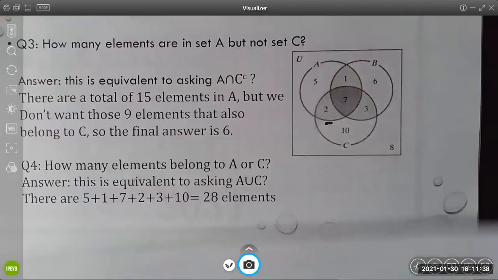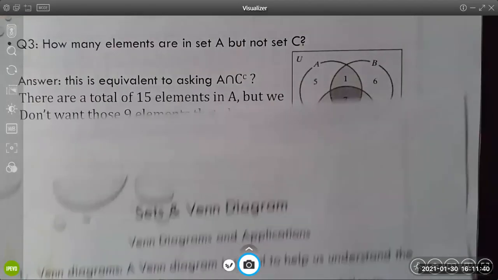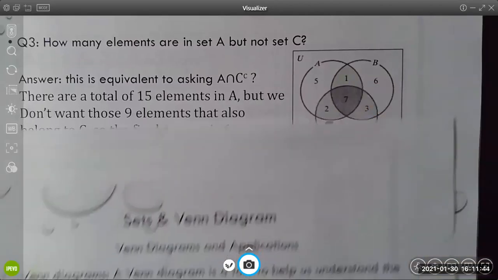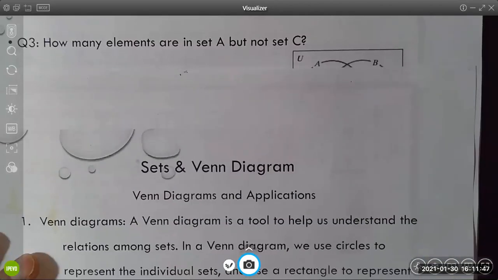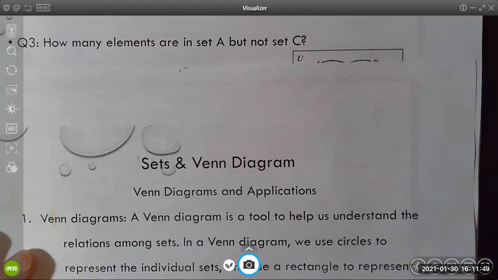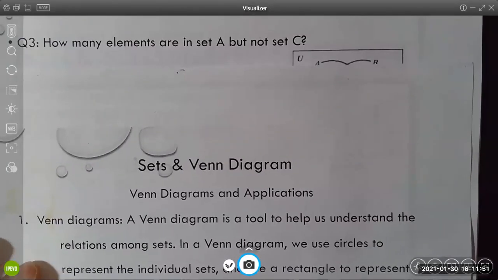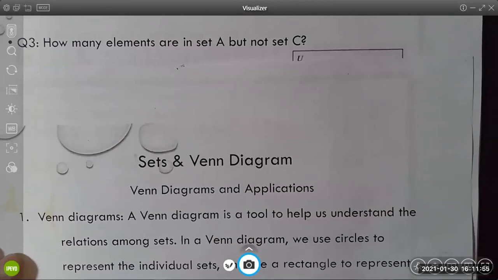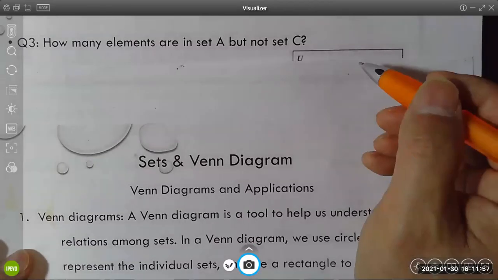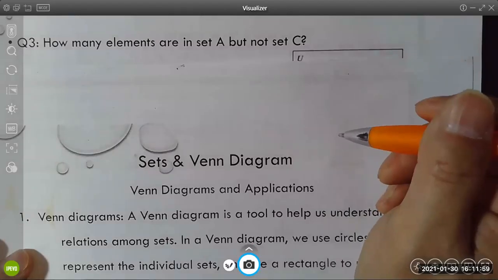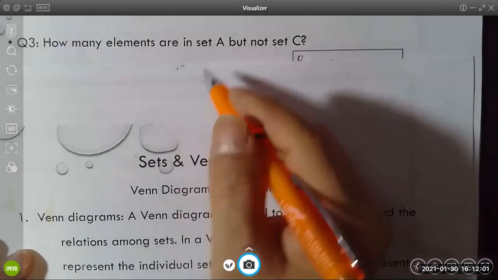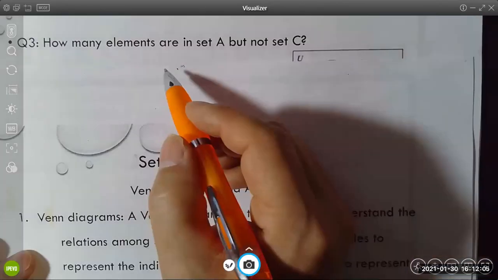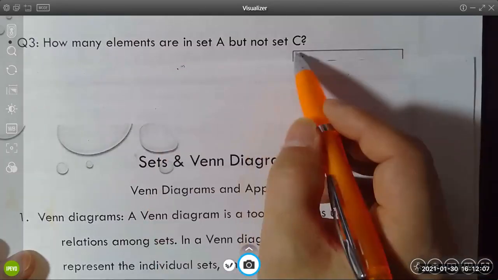Now, question number 3. I just copied that Venn diagram in here, so it's exactly the same thing. How many elements are in A but not in C? That's interesting. In A but not in C. Since we are given this Venn diagram, it's actually very easy to read the answer. But before we look at the Venn diagram, I'd like to present the way to represent this statement in terms of sets.